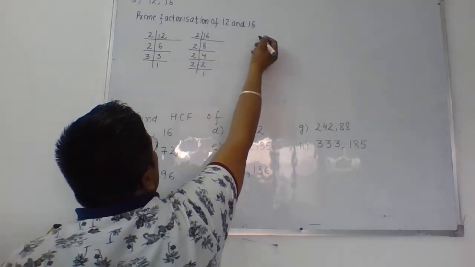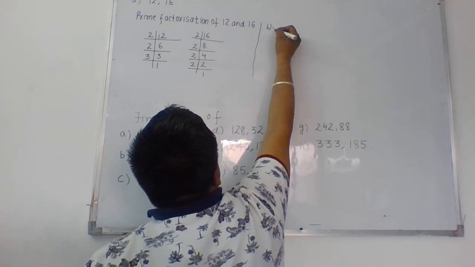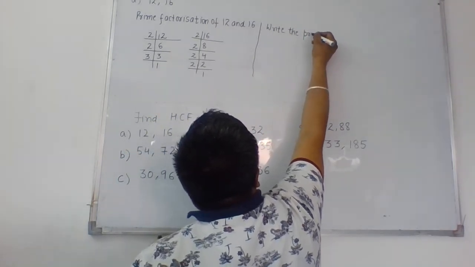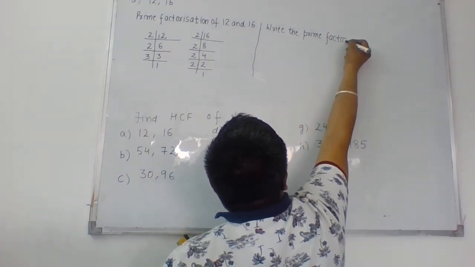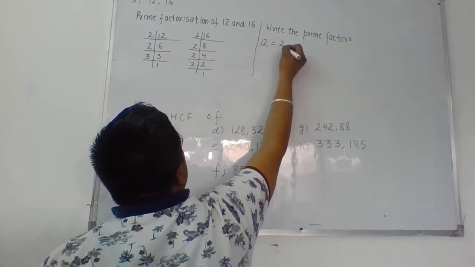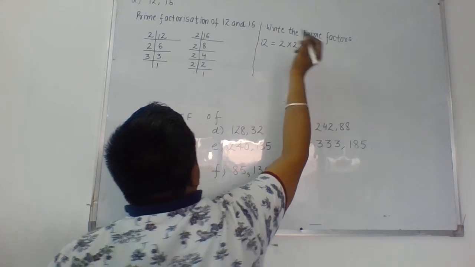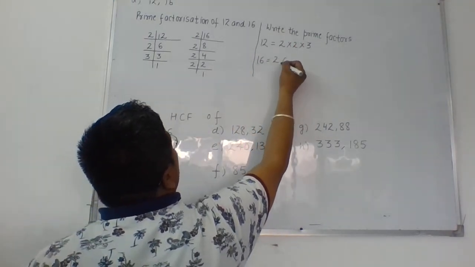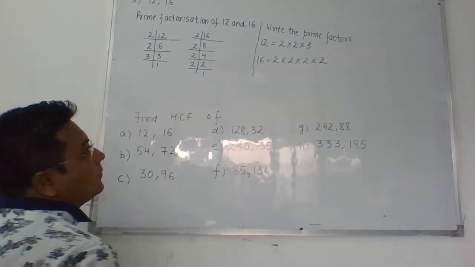So as step 1 we have the prime factorization. Now we have to write the prime factors. So 12 can be written as a product of primes like this, and 16 can be written as a product of primes like this.